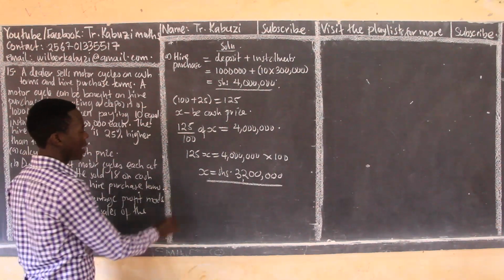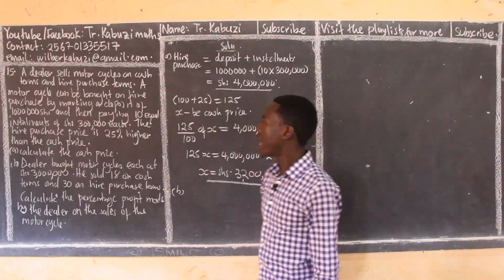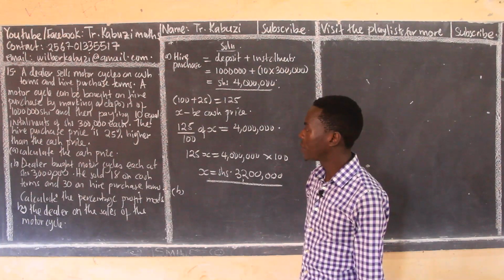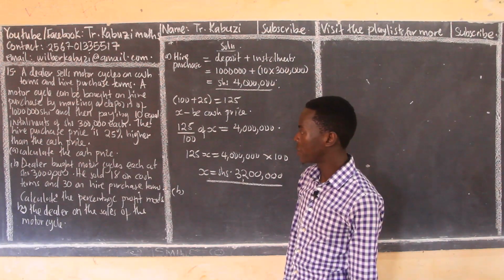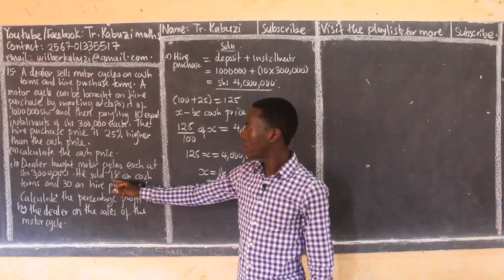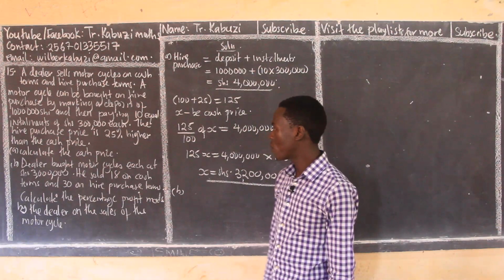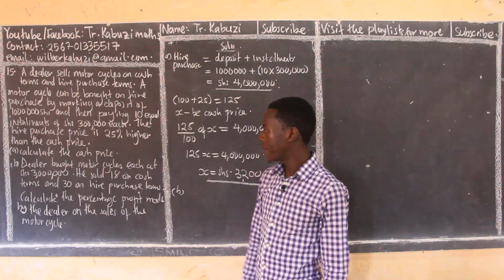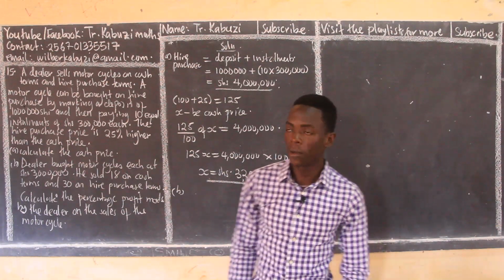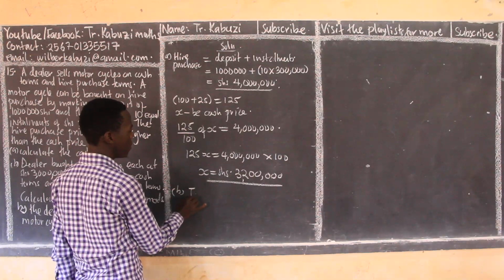Then part B, they are telling us that a dealer bought motorcycles each at 3 million. He sold 18 on cash terms and 30 on hire purchase. Calculate the percentage profit made by the dealer. So we have to know the total of the motorcycles.